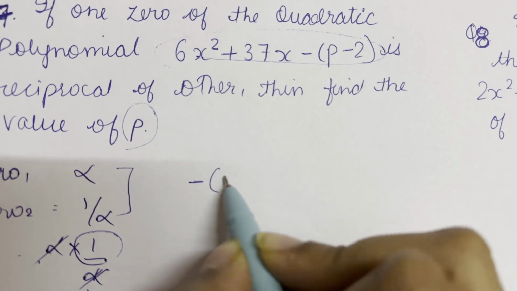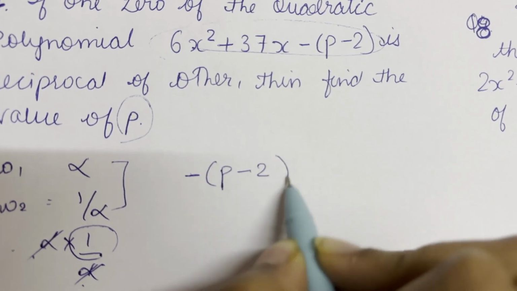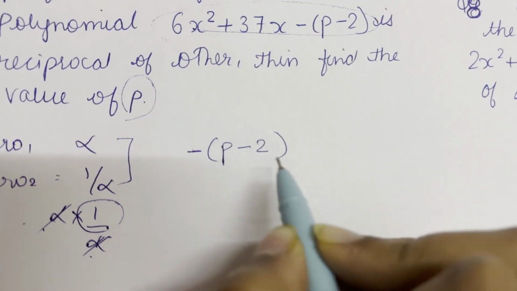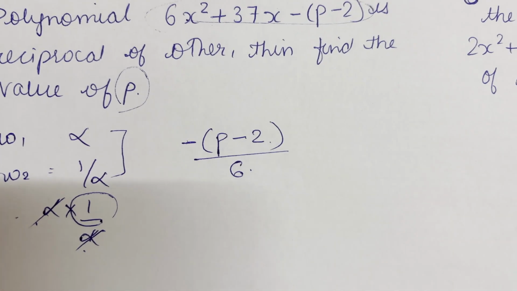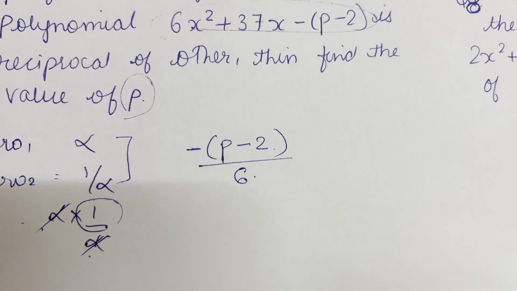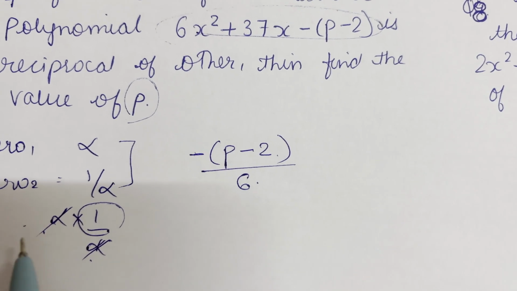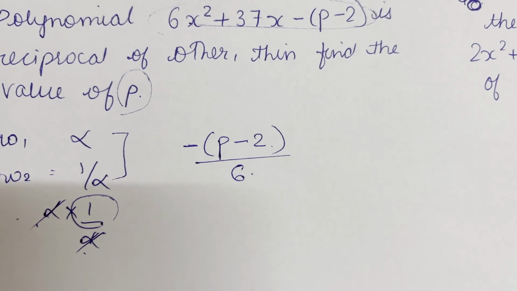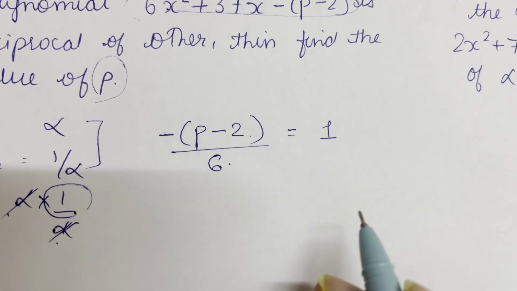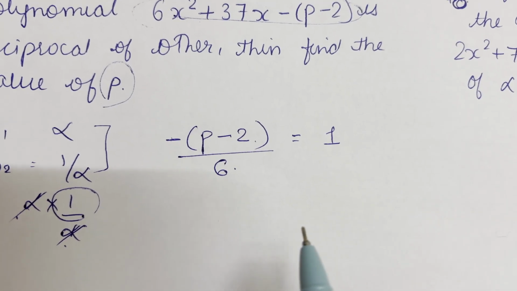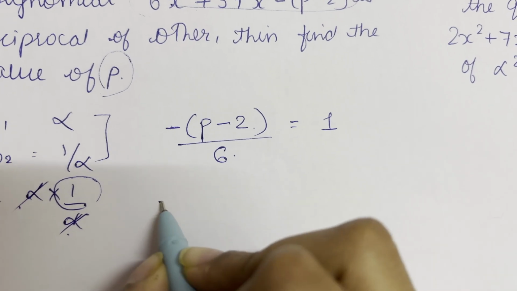Writing it from the quadratic polynomial, we get minus p minus 2 upon 6, that is c by a. And we know that the product of the zeros, if one zero is alpha and the other is 1 by alpha, is equal to 1. So from here we can solve the equation and easily find the value of p.